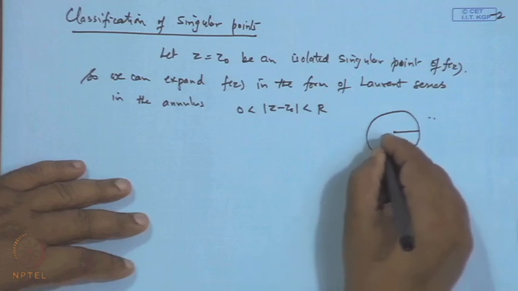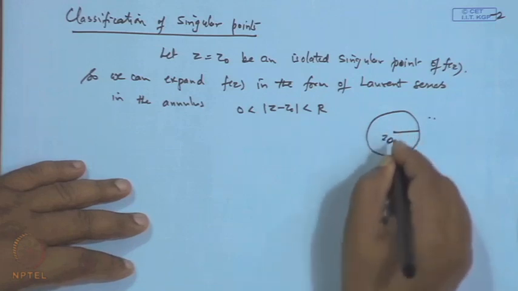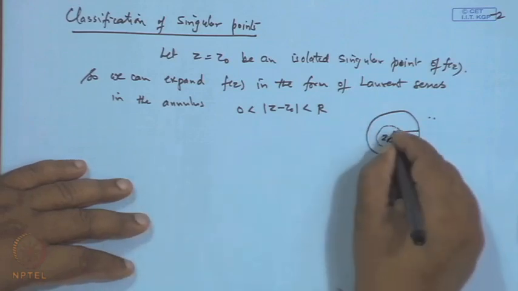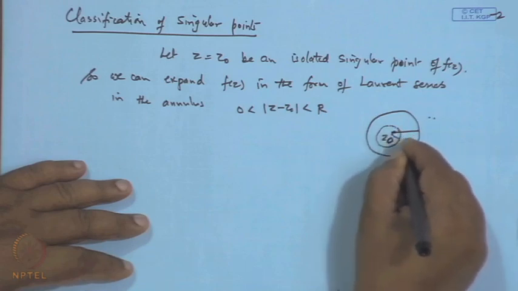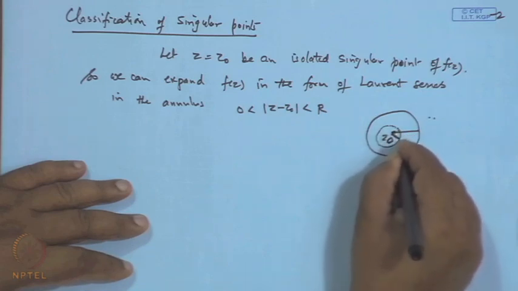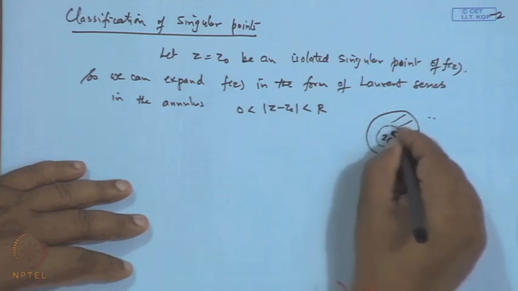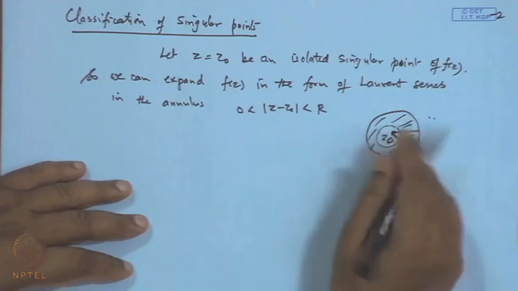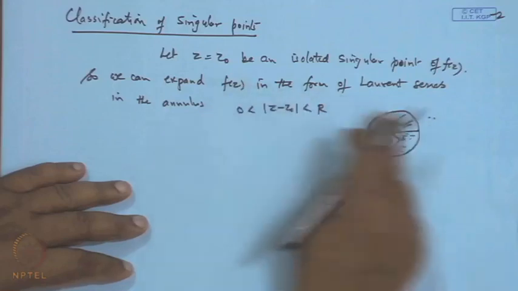So, this is our z naught point, and here if I just remove a small portion, say delta, this radius, then we get this annulus 0 less than mod z minus z naught less than r. In this annulus the function f is analytic.